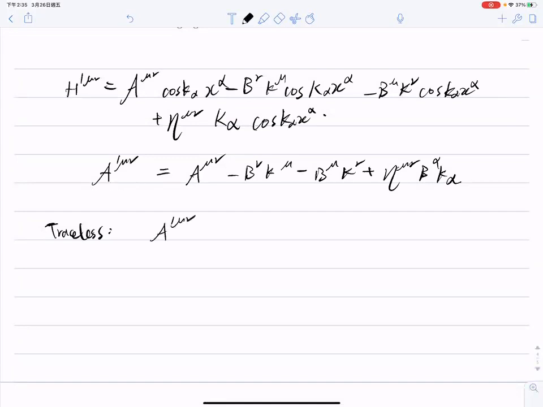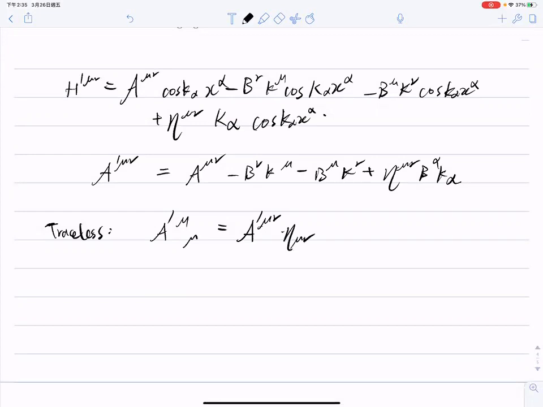So we just consider the A prime mu, and the A prime mu traceless part is basically equal to A mu times A eta, which is the G mu, right? And we drop the H mu term, avoid the H square terms we don't want, and times the eta mu.